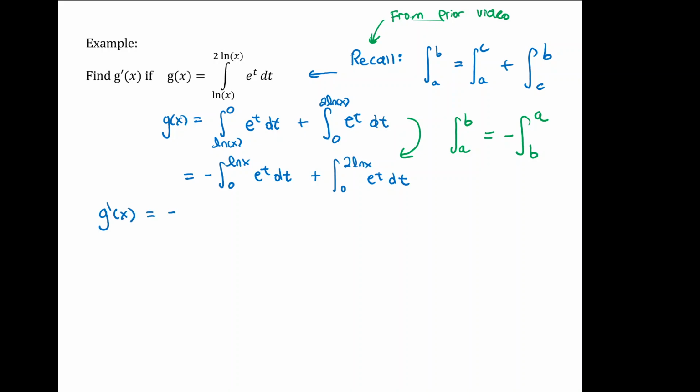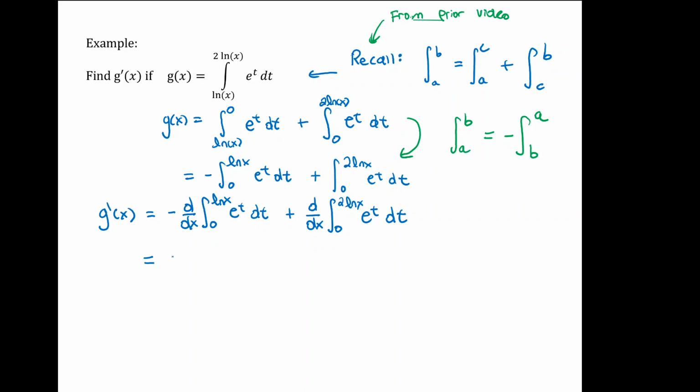is going to be negative d by dx. We have the integral from 0 to ln of x of e to the t dt plus d by dx, so taking the derivative of the second piece as well, integral from 0 to 2 ln of x of e to the t dt, and then use the fundamental theorem on both pieces.